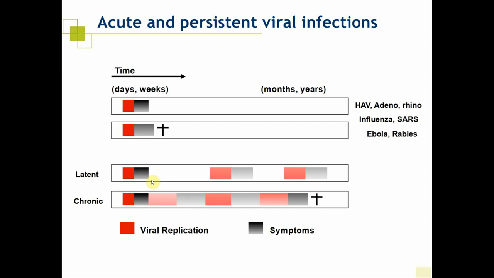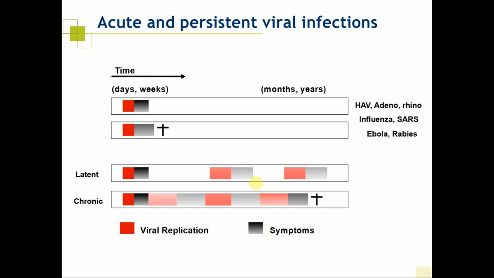You can't find virus in the blood anymore. There's no active virus replication, but it's still there in some cells in your body in a latent form. And these latent forms can be reactivated from time to time. You'll get reactivation of viral replication, and this will give you reappearance of the symptoms. These cycles of latency and reactivation go on for perhaps almost the whole of your life.